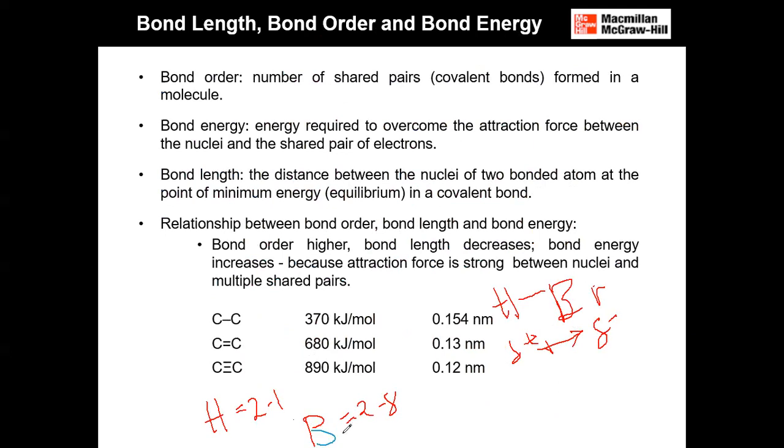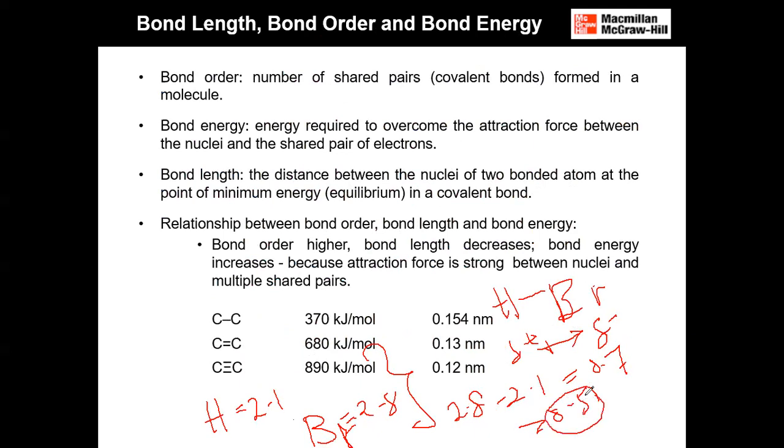So to see whether it is covalent bonding or not, this one is Br. The electronegativity difference is 2.8 minus 2.1, which is equal to 0.7.